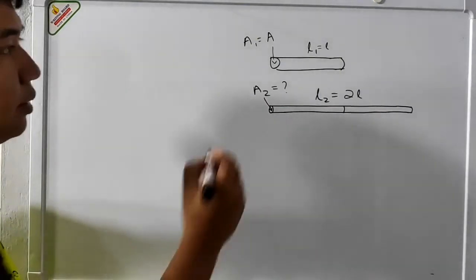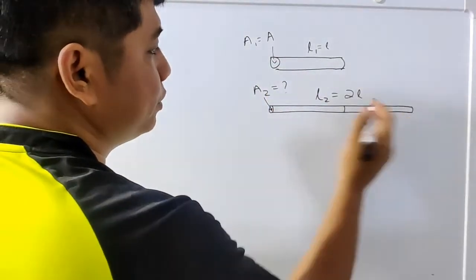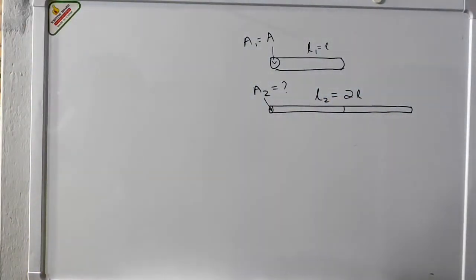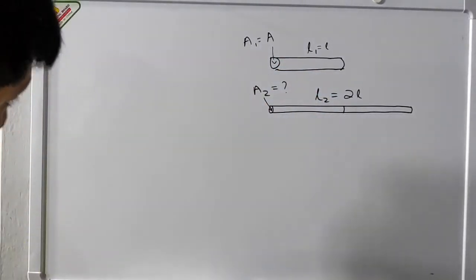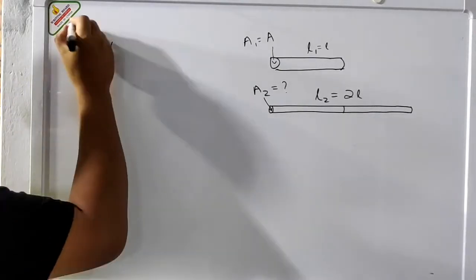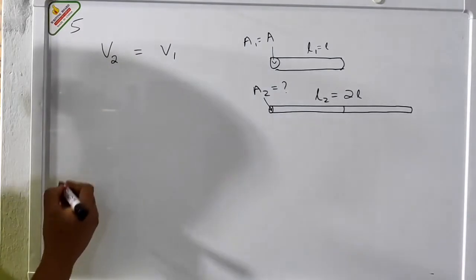It is clear that when we pull it to 2L, the volume does not change. The volume of the wire does not change. Using that, the original volume is equal to the final volume. V2 is equal to V1.